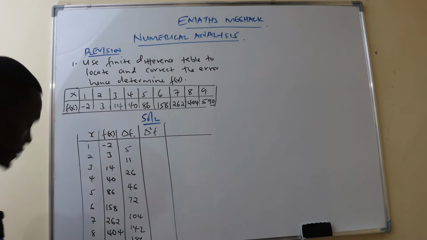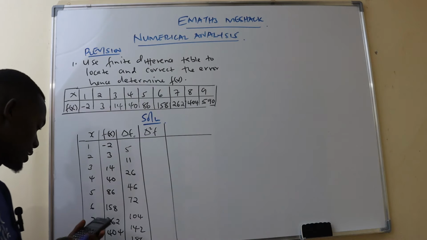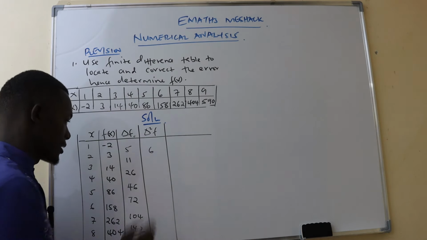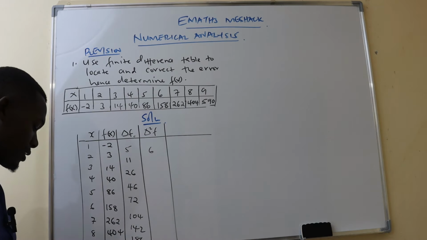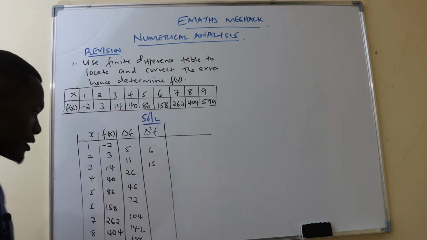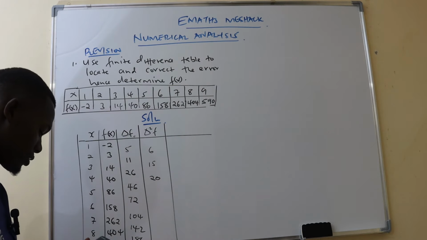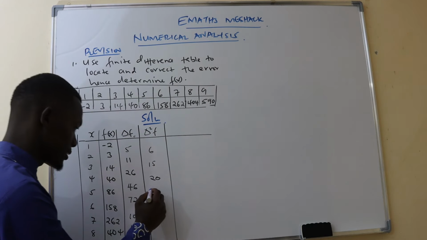So now again we have 11 minus 5, which gives us 6. Then 26 minus 11 gives us 15. Then 46 minus 26 gives us 20. Then 72 minus 46 gives us 26.